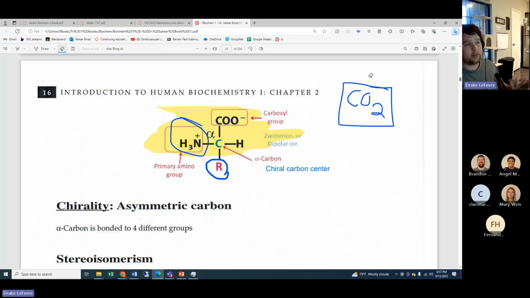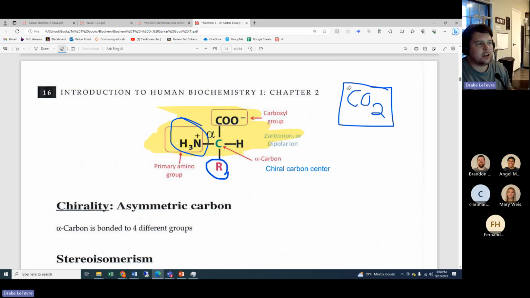And hopefully, from our general knowledge, we breathe in oxygen and we breathe out carbon dioxide. So we know at some point, some molecules are going to be giving off carbon dioxide. These carboxyl groups are going to be removed in the form of carbon dioxide, and that will travel in the blood, and then we'll eventually breathe it out.